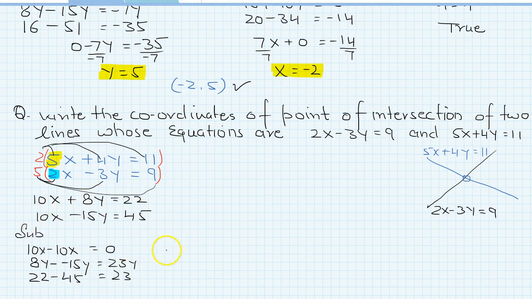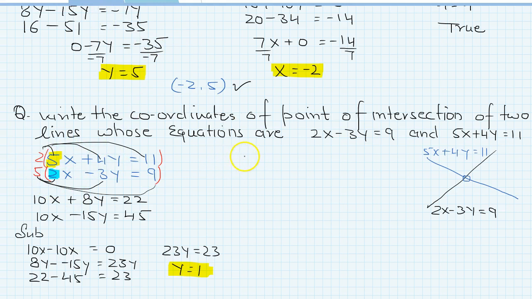So now our equation is 23y is equal to 23. So y is equal to 1. That is the first coordinate we have got, y is equal to 1. Now we can multiply the same way.